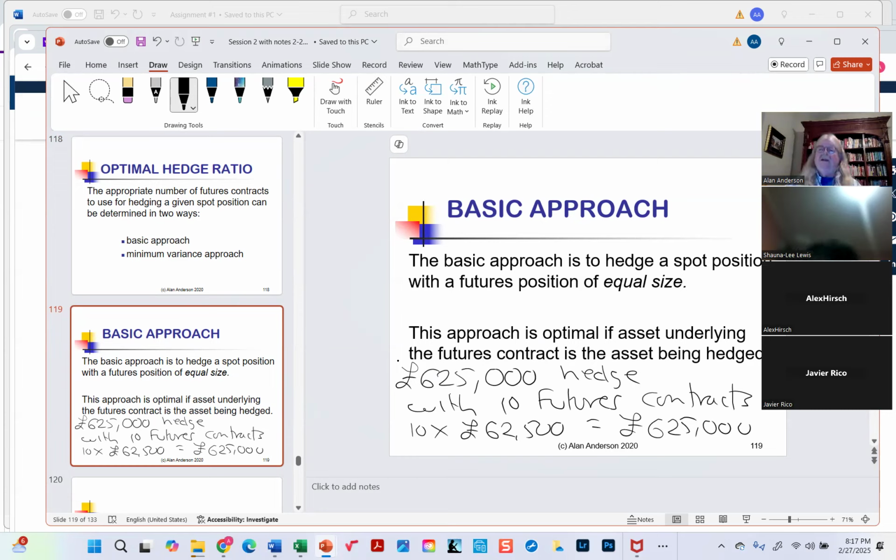So yeah, of course, that would be ideal, but not necessarily. It turns out that that's not necessarily the best strategy, but with a forward contract, you can literally cover any position you want. So this is one of the drawbacks to a futures contract hedge.